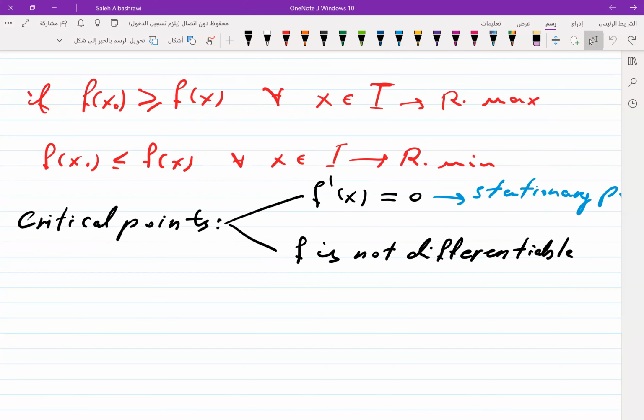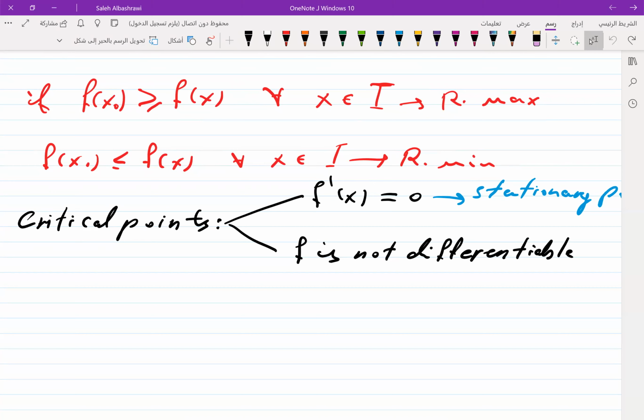In the last part, we solved a couple of examples on how to find the critical points. We said that to find the critical points, we find the derivative and make it equal to 0 if it can be, or if the function is not differentiable, then we have critical points which are not stationary points.